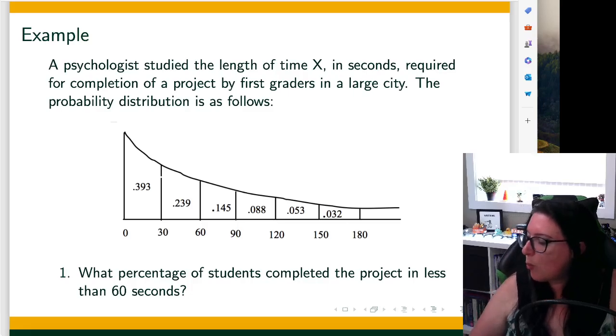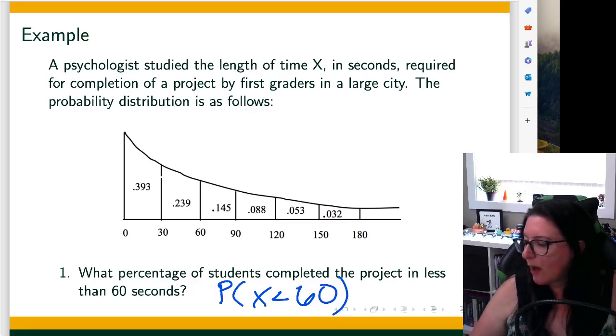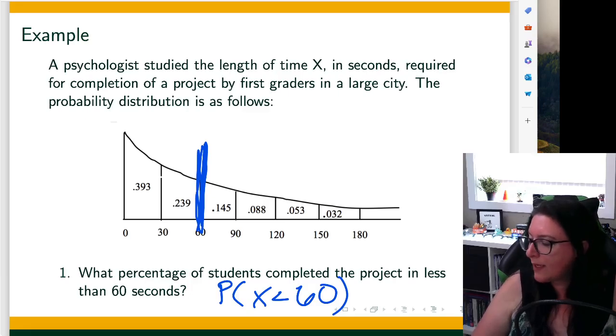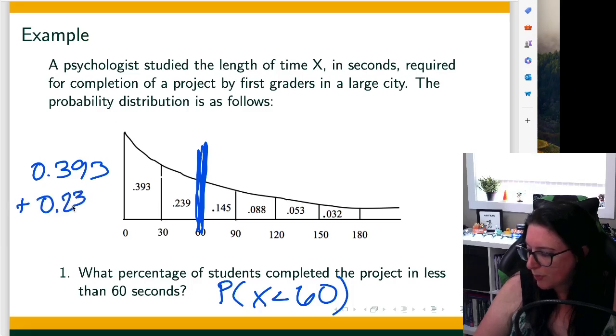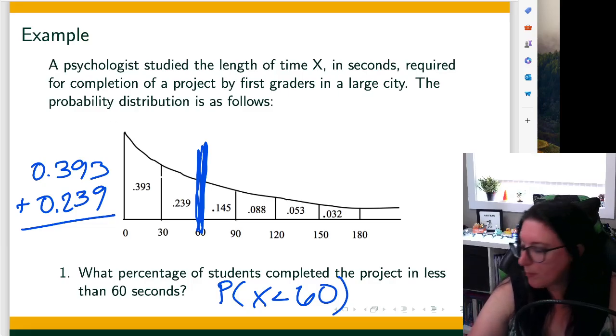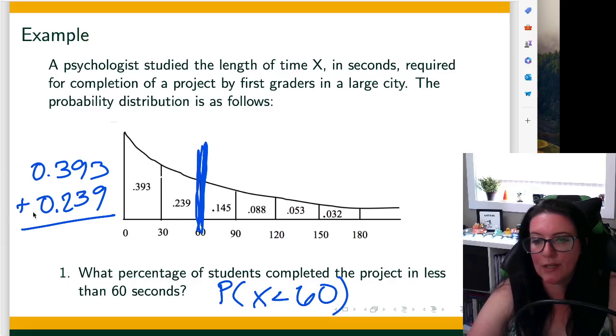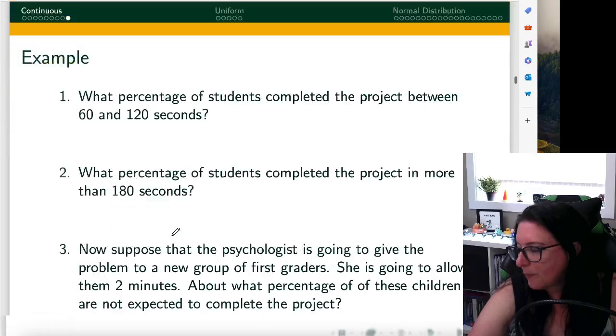We want to know what percentage of students completed the project in less than 60 seconds. To figure out that probability, we need to add together 0.393 plus 0.239. That will give us the probability that they completed it in less than 60 seconds. So the area under the probability density function is giving us that area.